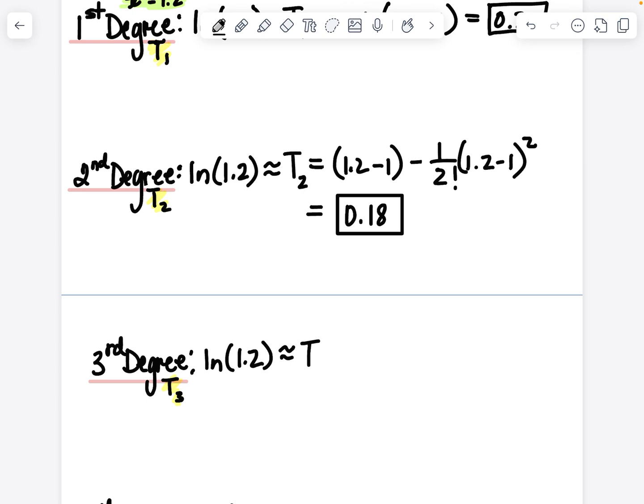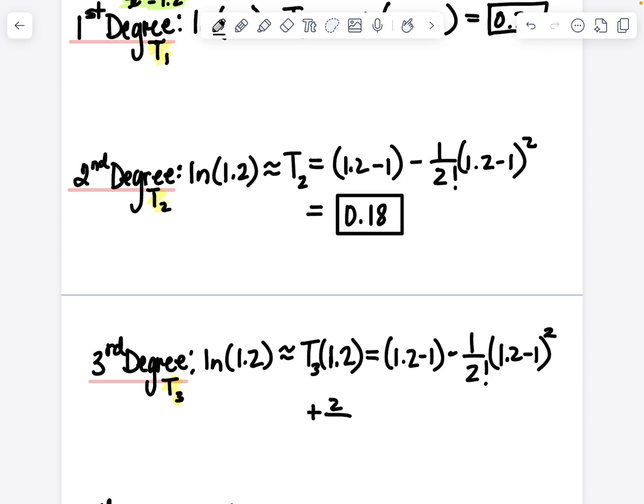And then we'll say T3, and as I said, I should probably have a 1.2 in there. So that's going to be 1.2 minus 1, minus 1 over 2 factorial times 1.2 minus 1 to the second power, plus 2 over 3 factorial times 1.2 minus 1 cubed.